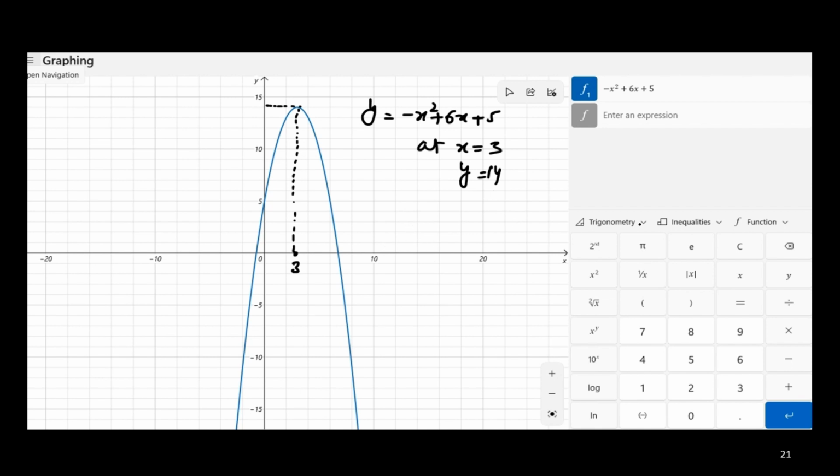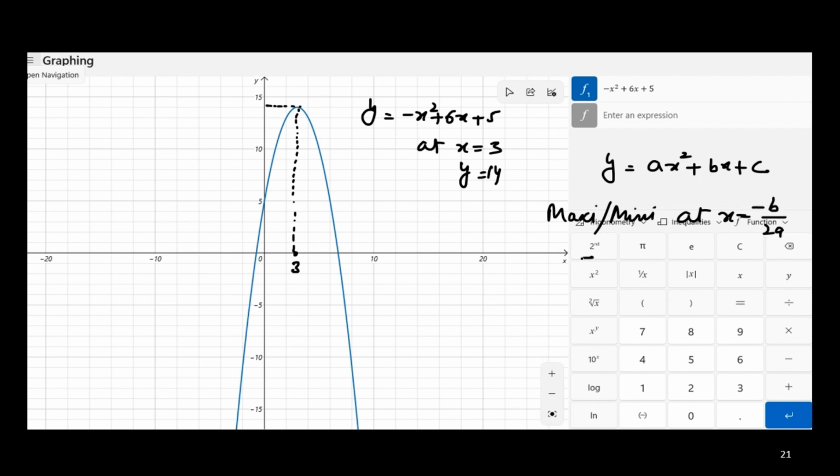Just check this. If we have a function y equals ax squared plus bx plus c, we say the maximum or minimum value is at x equals minus b upon 2a.